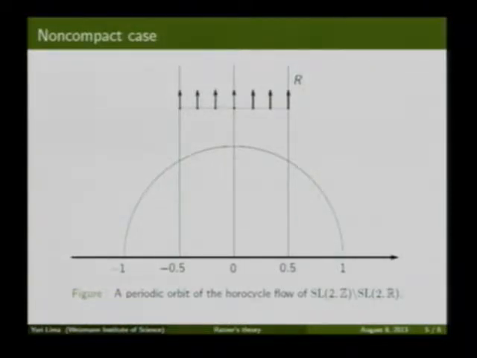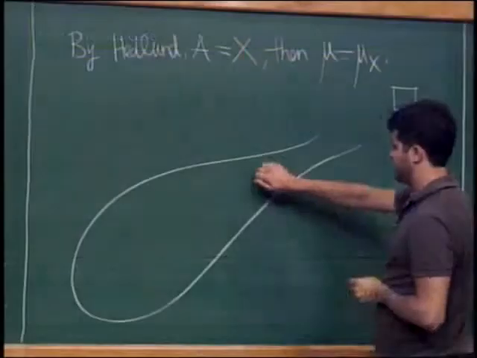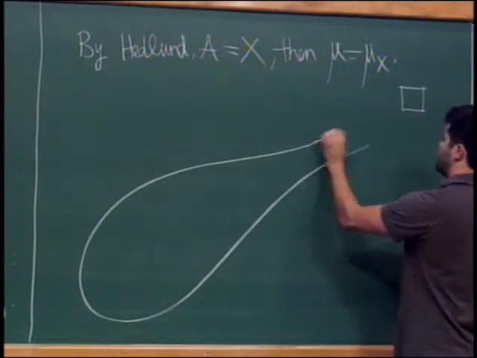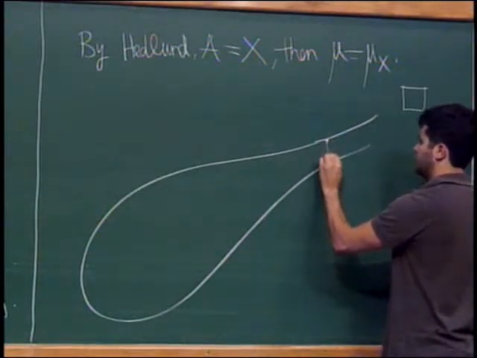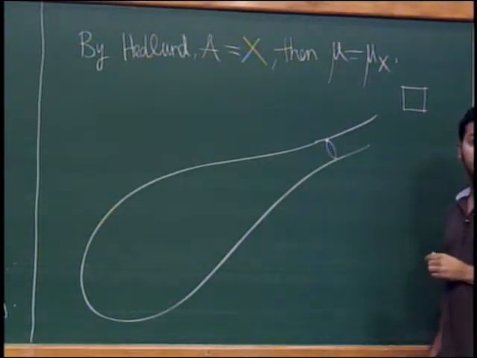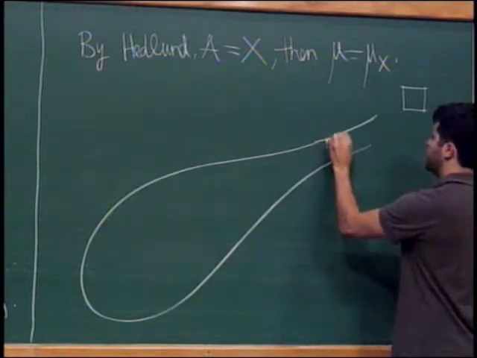So in other words, you could see the representation of your space something like this. And if you begin with a point here, you get a closed orbit. So you get many closed orbits.